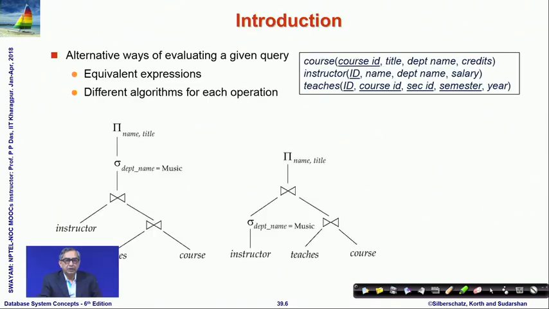To introduce query optimization, let us take a simple example. I am referring to the university database that we have discussed earlier. It has three relations as listed above, and using that we want to perform a query where we join instructor, teachers and course, these three relations, and do a selection on that based on department name.